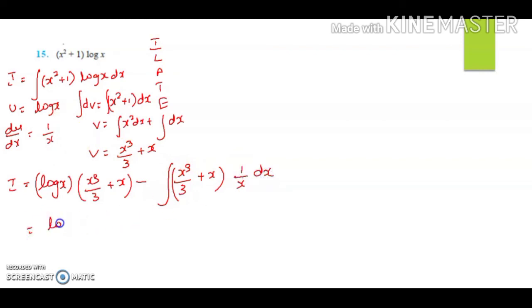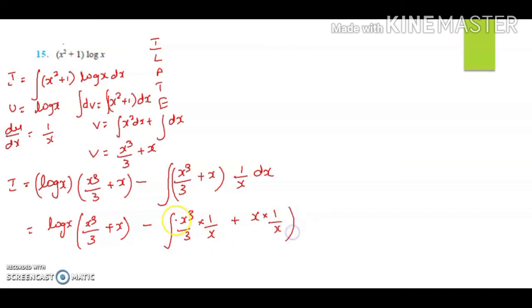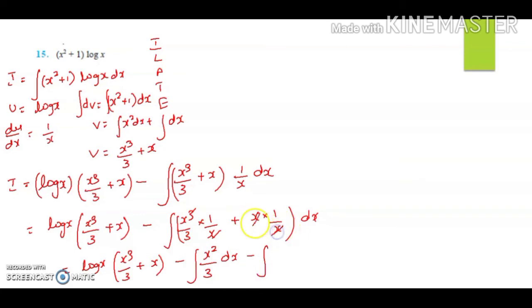So this is equal to log x into x cube by 3 plus x minus integral, x cube by 3 into 1 by x plus x into 1 by x. I am multiplying 1 by x inside the bracket. So this is equal to log x into x cube by 3 plus x minus integral, 1 x gets cancelled, x square by 3 dx minus, 1 x gets cancelled, integral dx.